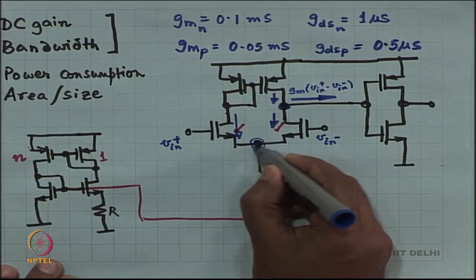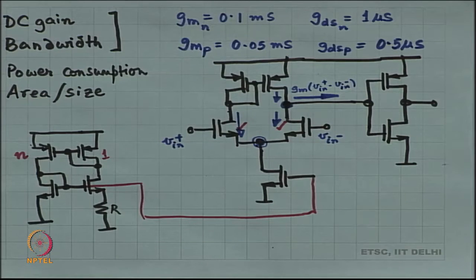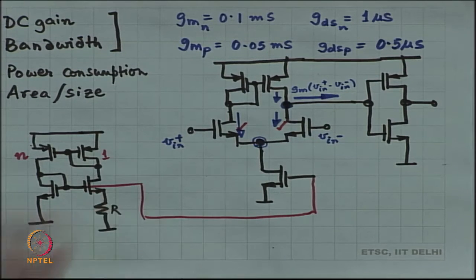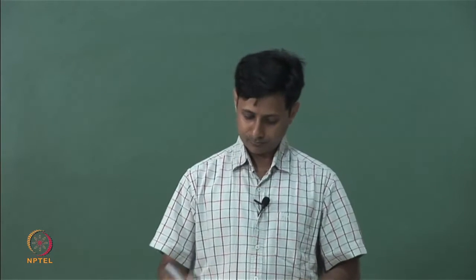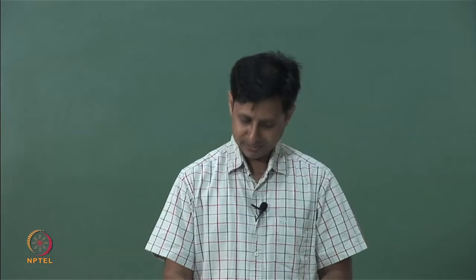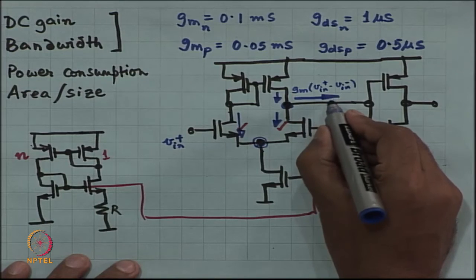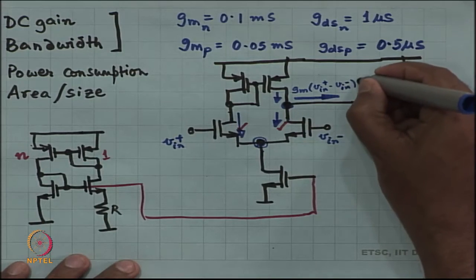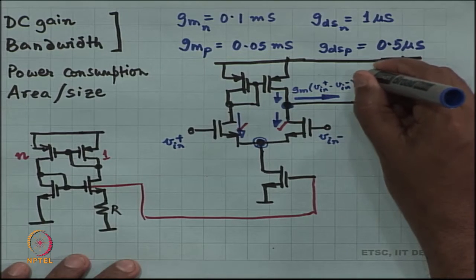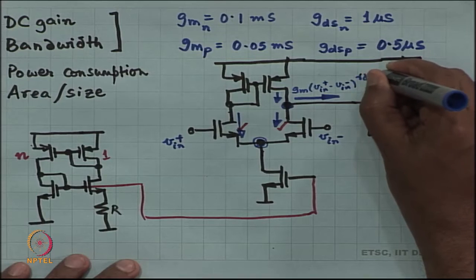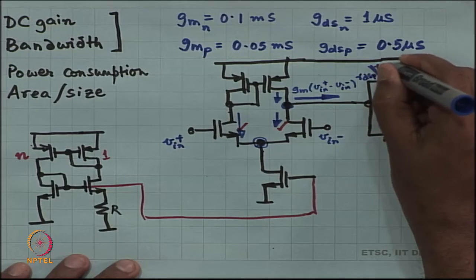I am assuming once again that this node is not really moving, this is like a ground. Okay. So, this is how you analyze this circuit very fast. So, instead of a current being pushed out, now the voltage over here rises by a value GM times V in plus minus V in minus times the current, which is RDS P in shunt with RDS N.